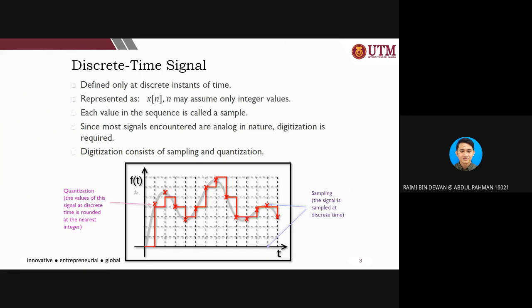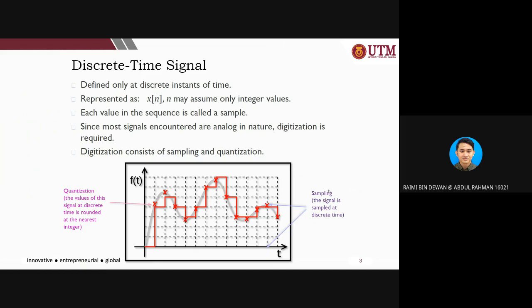Quantization is where the value of the signal at discrete time is rounded to the nearest integer. So this is where we quantize the amplitude. This is our quantization.